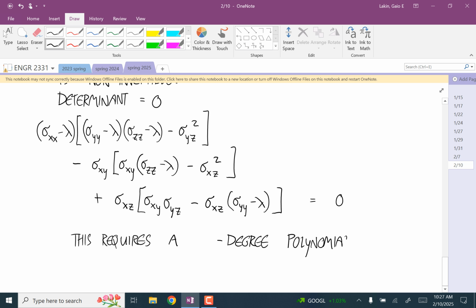Wrong. Three, it's just 3. So the stuff in the brackets is 2, and then you're multiplying by 1 more on the outside. So third degree. Okay, so that's all you're doing.